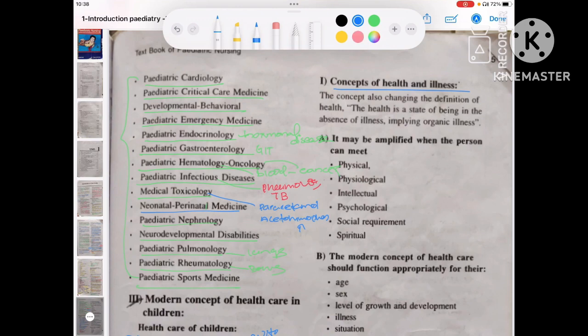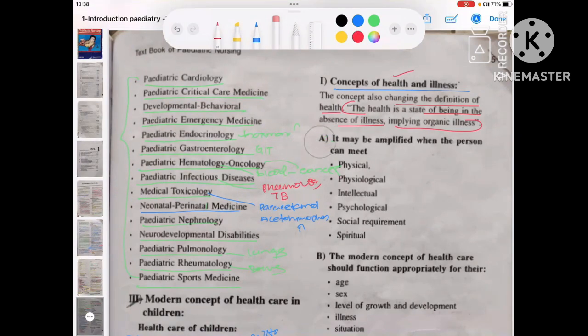So WHO has given the definition. Here, a healthy state is the absence of illness, so there is no problem or illness implying organic illness. That is a healthy state.